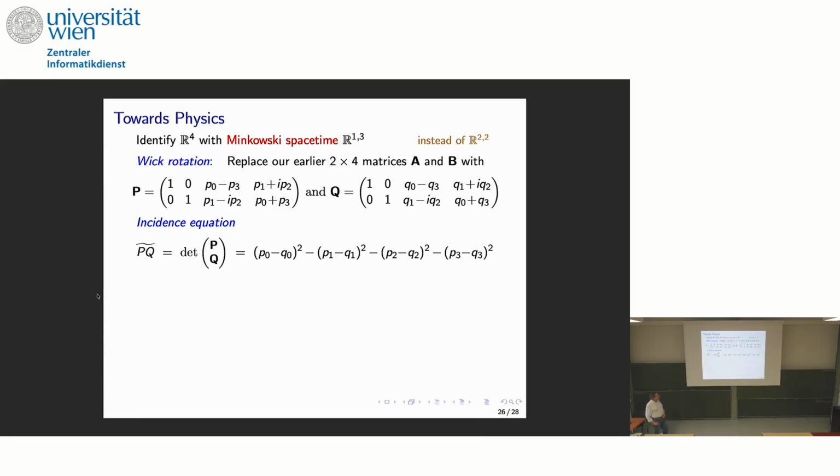That's Minkowski space. And we're going to perform a change of coordinates. We're going to replace our earlier 2x4 matrices. These are the 2x4 matrices that represent lines A and B. And I'm going to do this change of coordinates. I'm going to write P to be this matrix and Q to be this matrix. I is the square root of -1.